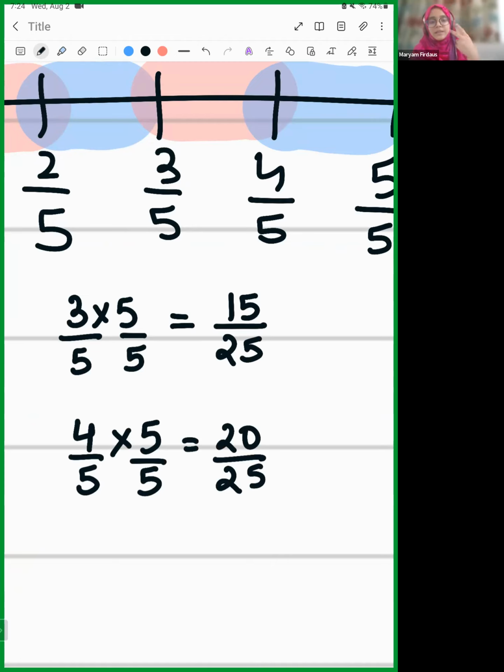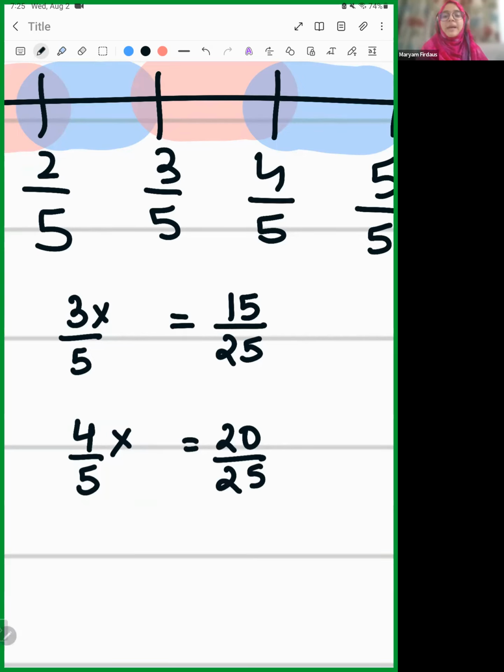No. 16, 17, 18, 19. That's only 4. Then we can multiply it by 6. In fact, you can multiply it with 6 or any number greater than 6. You can multiply it with 10 also.